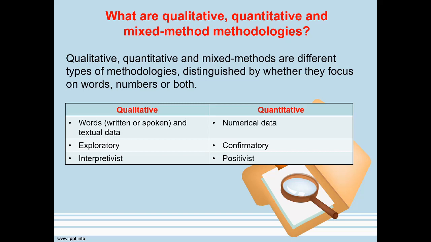Contrary to this, a quantitative methodology is typically used when research aims and objectives are confirmatory in nature. Here, for example, a quantitative methodology might be used to measure the relationship between two variables, say personality type and likelihood to commit a crime, or to test a set of hypotheses.